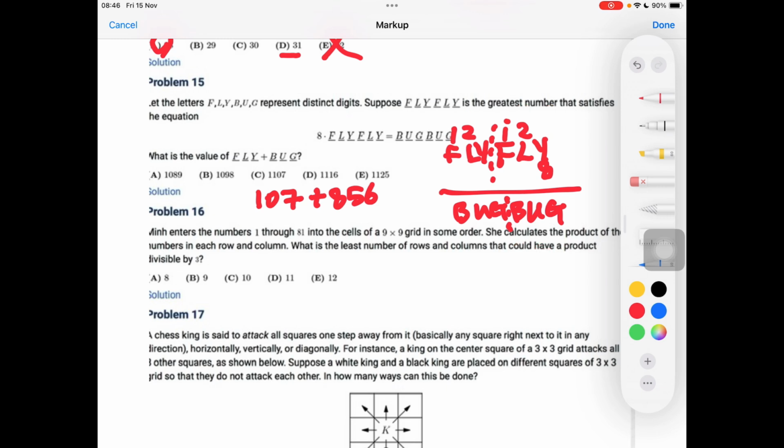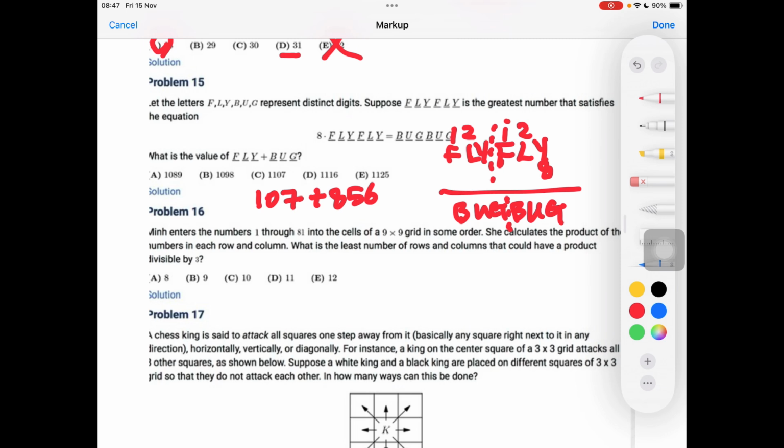Greatest number, okay. So let's say 9. Yeah, somebody should have 9. But this is 2, it cannot be 9. 8, 4, 2. No, this cannot be.